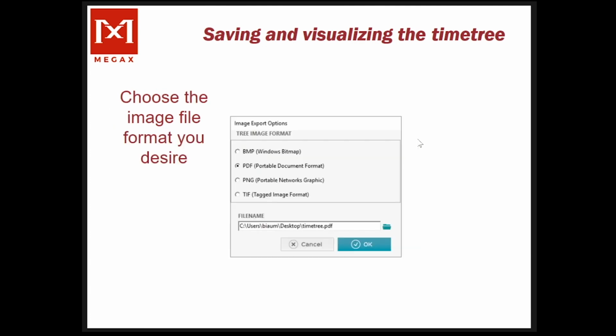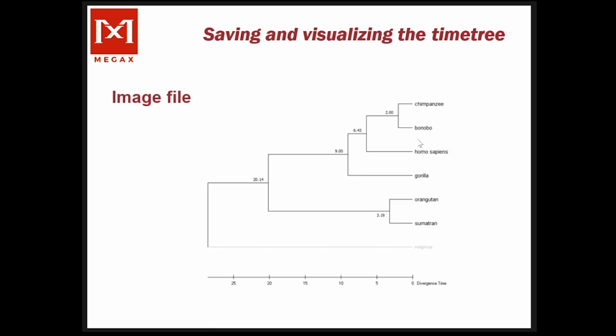And there are several formats that MEGA allows you to do that. Of course, you should choose the image file you desire, but you can save it in BMP, PDF, PNG, and TIFF images. And this is the place where you provide the file name you want and just click OK. For instance, this is an image file that I generated from MEGA while saving the figure in PDF format.